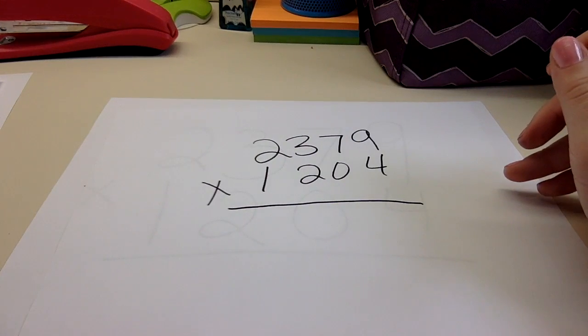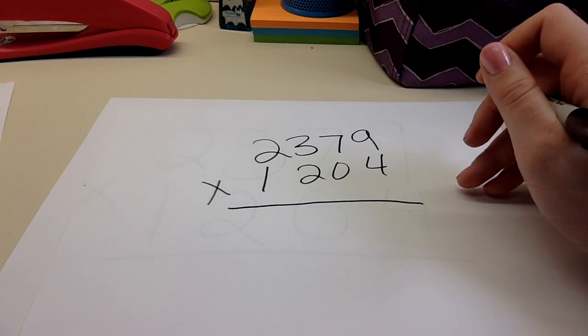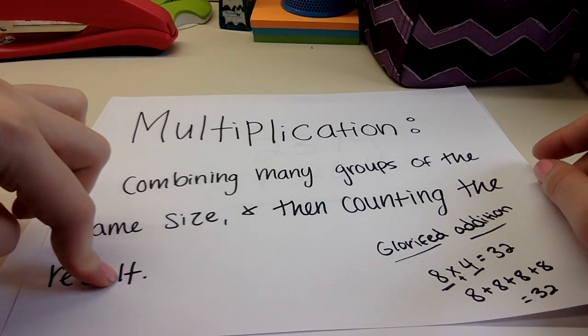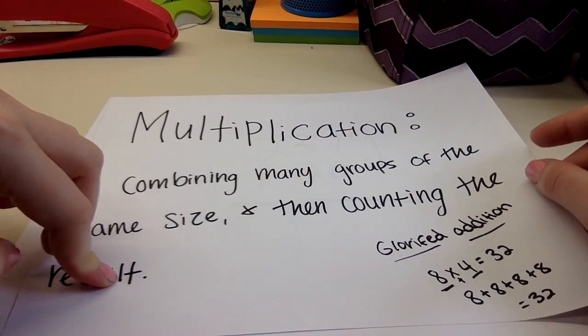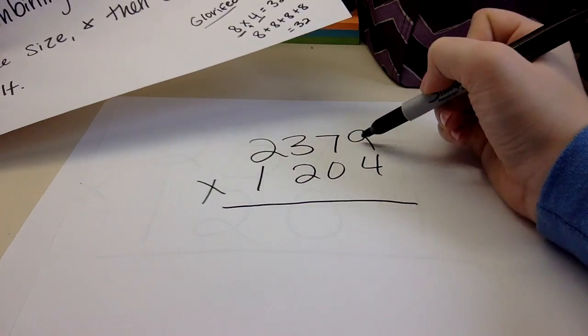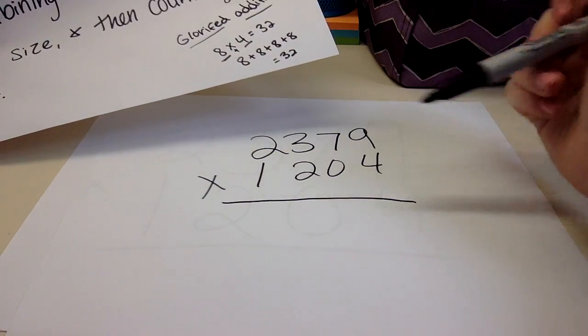So we're first going to start with going back to our multiplication. We're combining many groups of the same size and then counting the result. Or if you want to think of it as glorified addition, you're taking 2,379 and adding it, like we did here, 1,204 times.